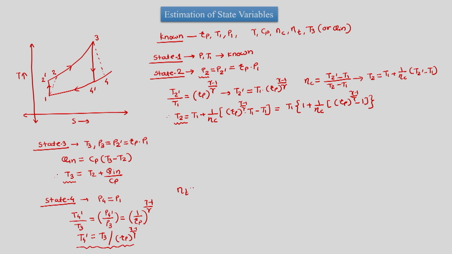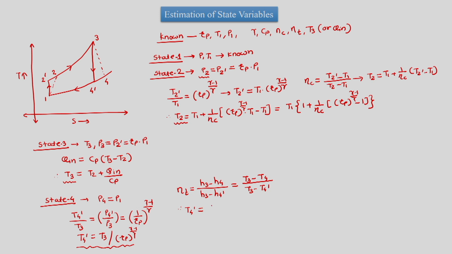So we will use the turbine efficiency formula, which says that turbine efficiency is equal to H3 minus H4 divided by H3 minus H4 dash, which is practically T3 minus T4 divided by T3 minus T4 dash.